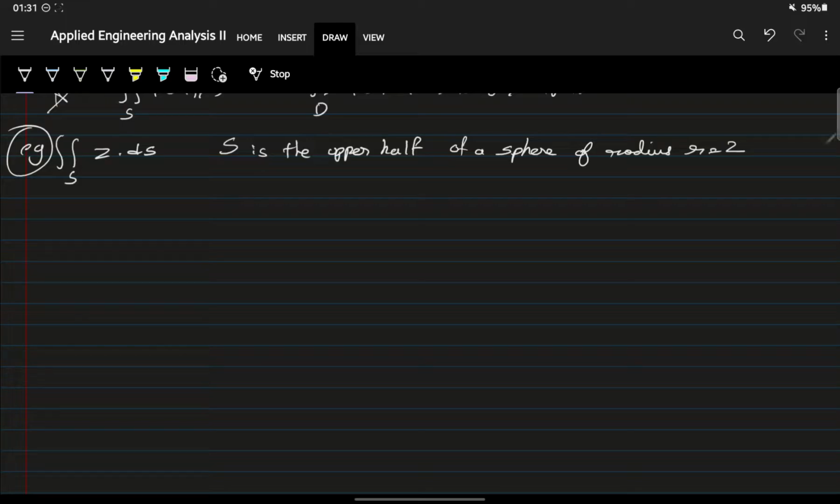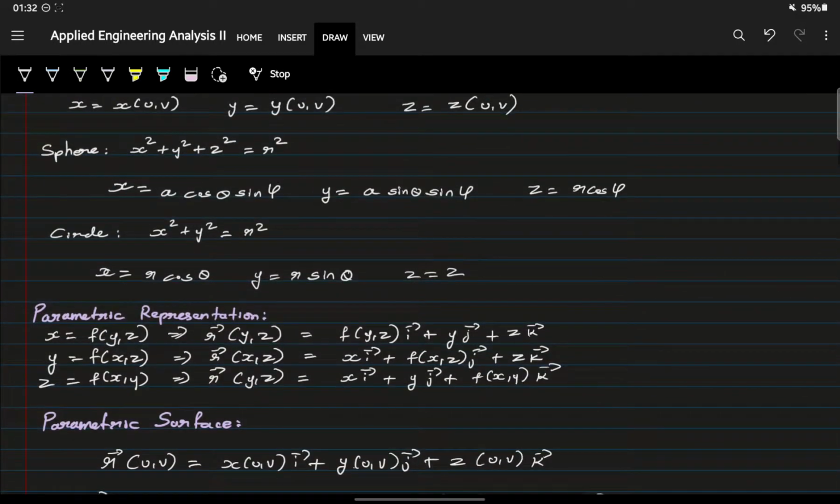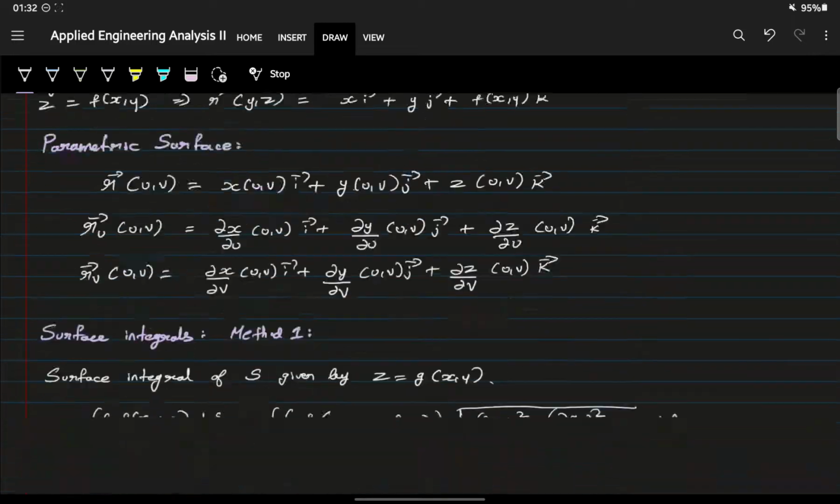From the above we were able to see the parametric form of the sphere is denoted by x is equal to r cos theta sin phi, y is equal to r sin theta sin phi, and z is equal to r cos phi.